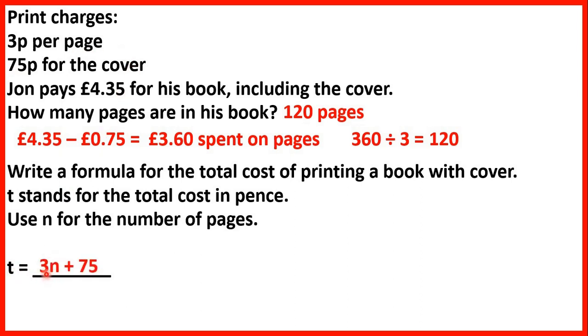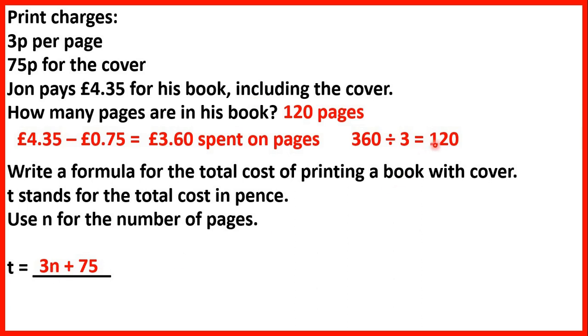So T equals 3N plus 75, because 3N means 3 times N, so that's 3 times the number of pages plus 75, because you need to add 75 pence for the cover to work out the total cost. And we can see that this works for the example that we solved in the first part.